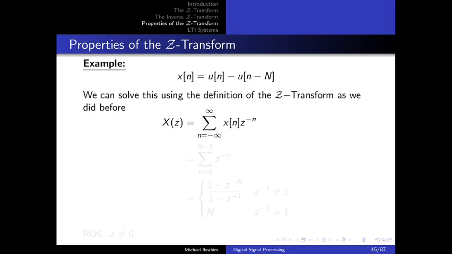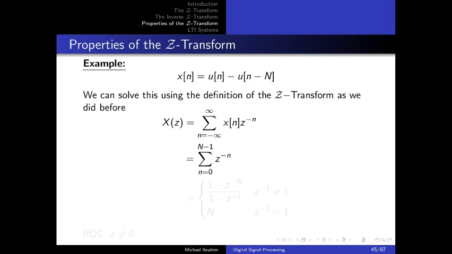The first way is using the definition, so summation from n equals minus infinity to positive infinity of x of n z to the minus n. In this case, since this sequence is 0 except for the range n equals 0 to n equals N capital minus 1, we do the summation from n equals 0 to N minus 1 of z to the minus n, and x of n of course equals 1. If you do this summation, it's basically z to the power minus 1, all to the power n.